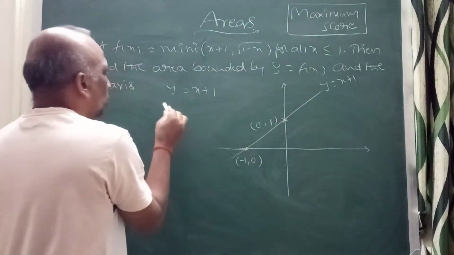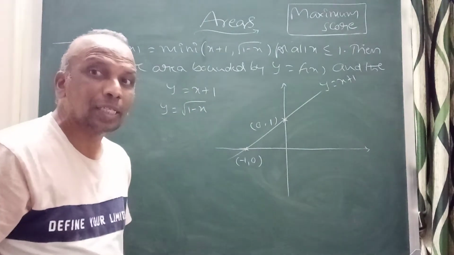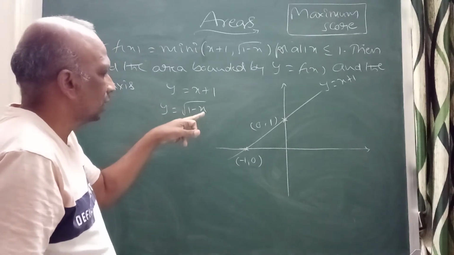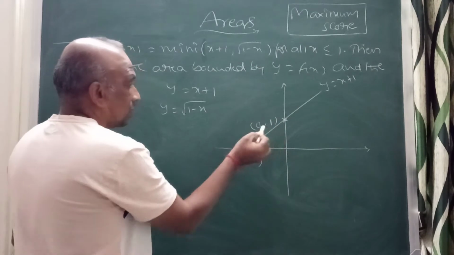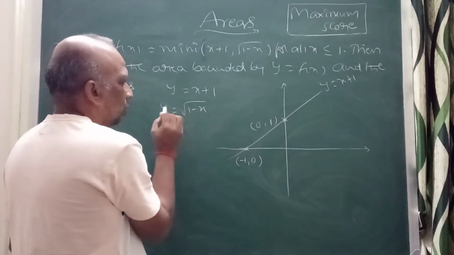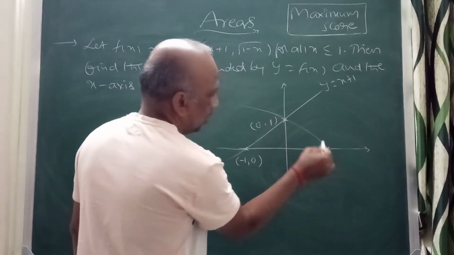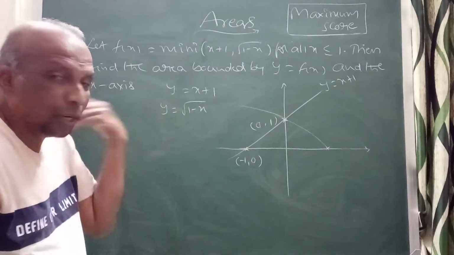Think about y equal to root of 1 minus x. You can check here, if you put x equal to 1, it will be 0. Again in the same way, both are intersecting. Even if you put x equal to 0, y is equal to 1, it will come like this. This is a part of a parabola.